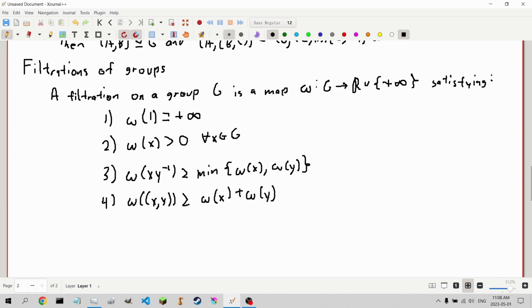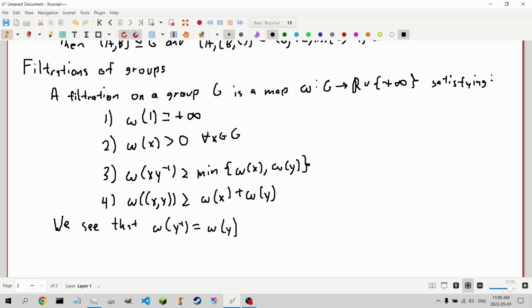Alright, and we get from number 3 that omega of y inverse is equal to omega of y. We get this just because if you plug in the identity as x, this minimum is just going to default to the value that omega takes at y.